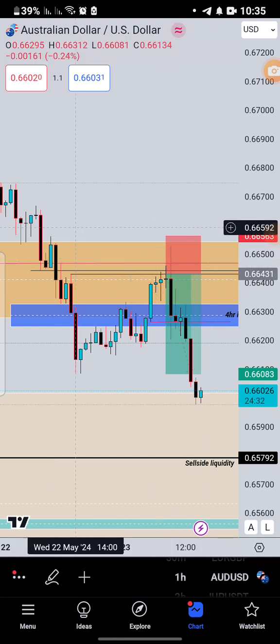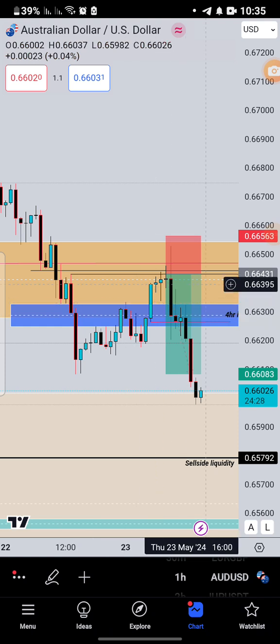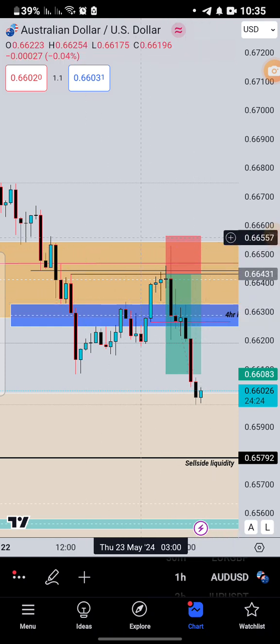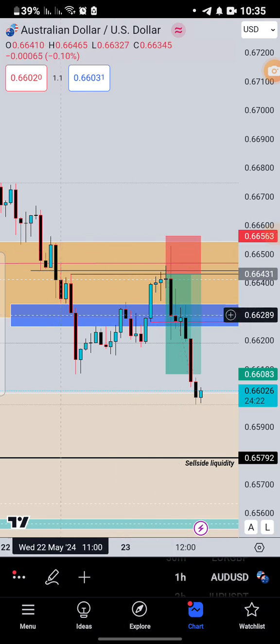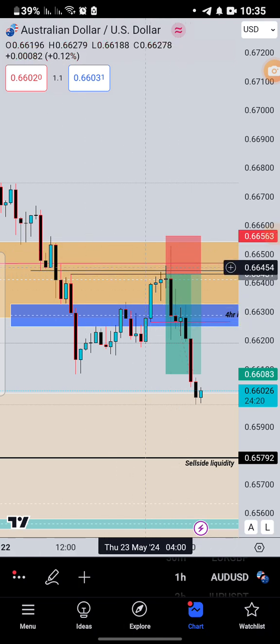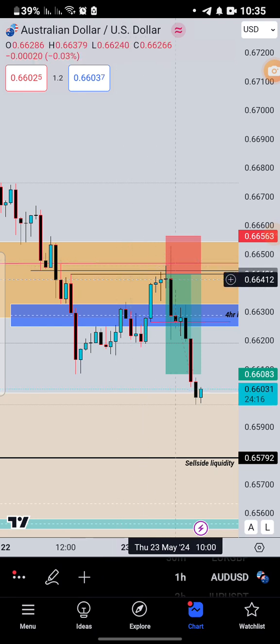So I'm seeing many confluences at around this key level that give me confidence that I want to see this price drop lower. We have the daily immediate rebalance, we have this daily inversion fair value gap, we also have this 4 hour fair value gap, also have the consequent encroachment of this daily inversion fair value gap.